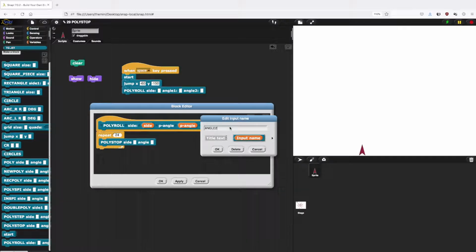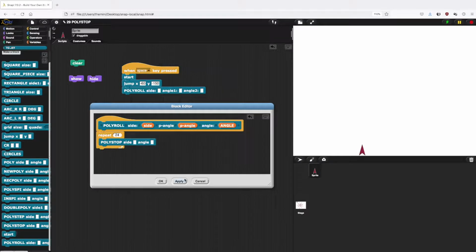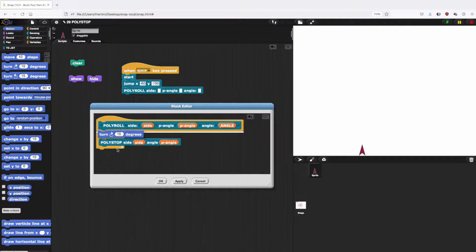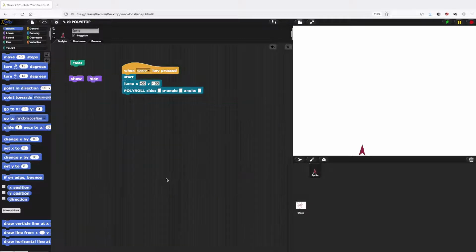Well, you can always meddle around with this, but the side, of course, is the side, and the angle in this case is the P angle. And then I go right, so I turn angle degrees. So let's see what happens.